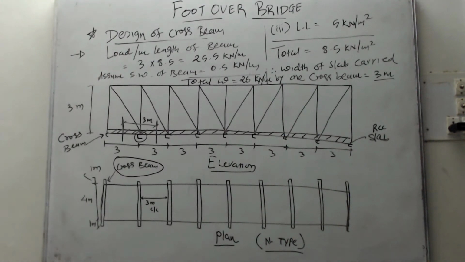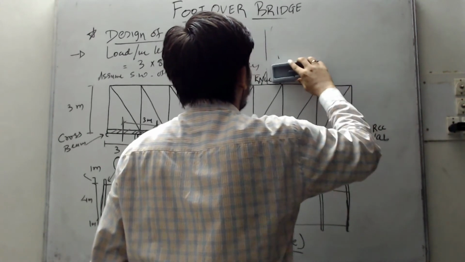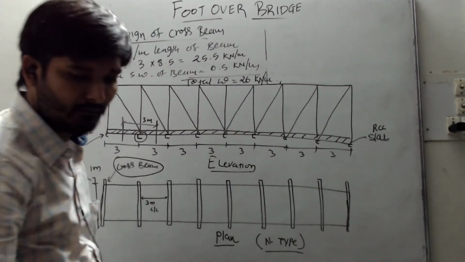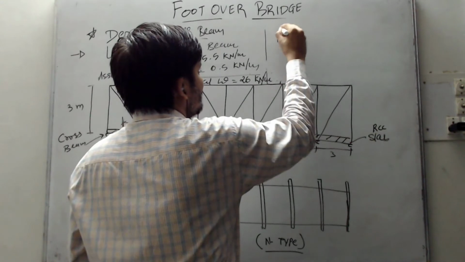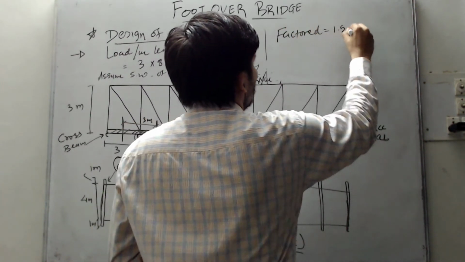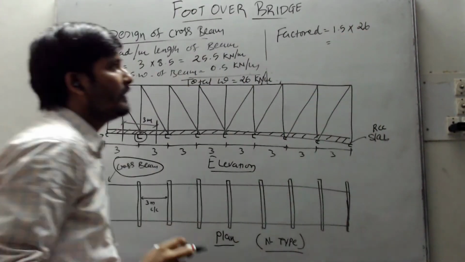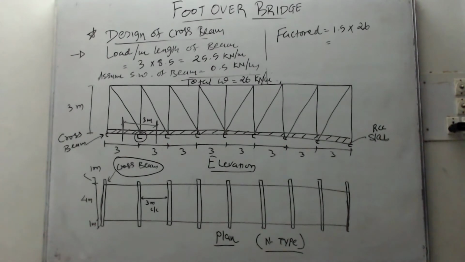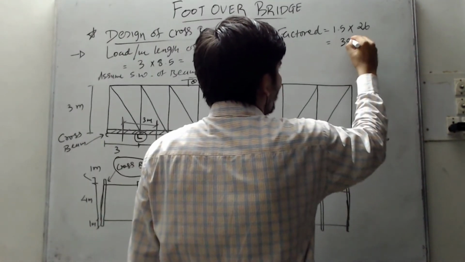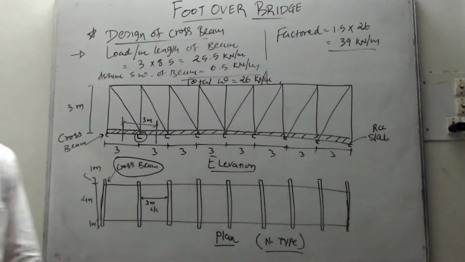So next we need to factor this. So factored UDL, next I can calculate factored UDL. So factored UDL is multiplied by 1.5. 1.5 multiplied by 26. So it will be around 39, yes, 39 kilonewton per meter is my UDL that is to be carried by the beam, right?